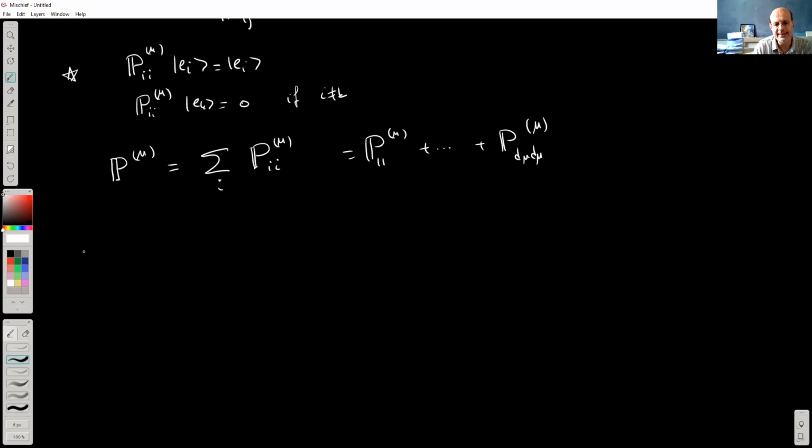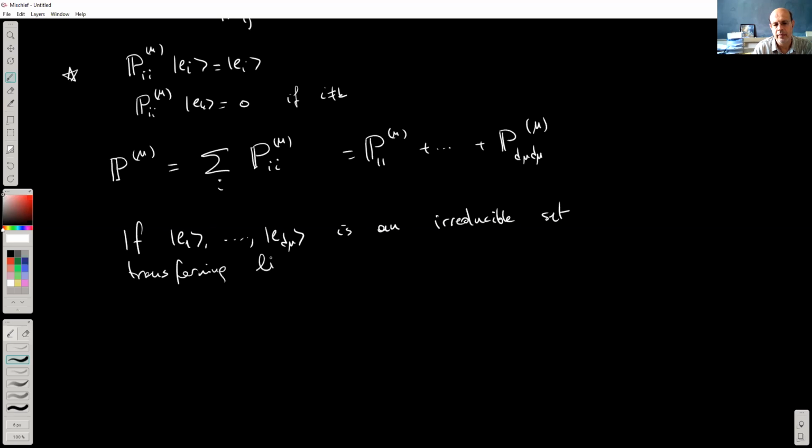Let me box this. If e_1 through e_d_mu is an irreducible set transforming like the mu-th irreducible representation, then P_mu e_i is equal to e_i. So basically it acts like identity on these vectors.